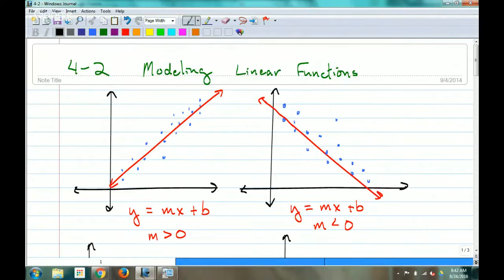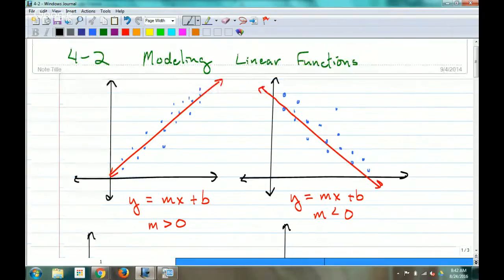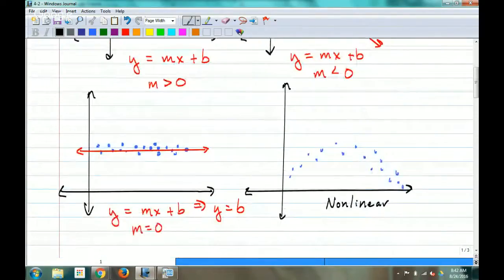So we've got a positive slope on this one here. We got a negative slope on that one. We see the linear relationship. All the dots kind of make a straight line. They're not perfectly in a line, but they do kind of follow a straight line style. Here's another example. You got a kind of straight across there.